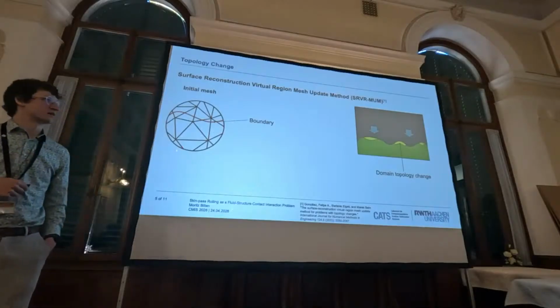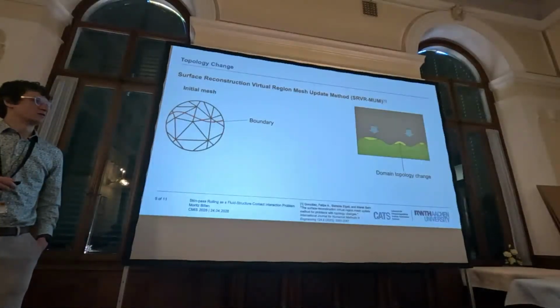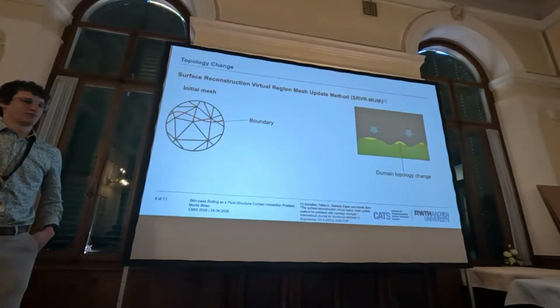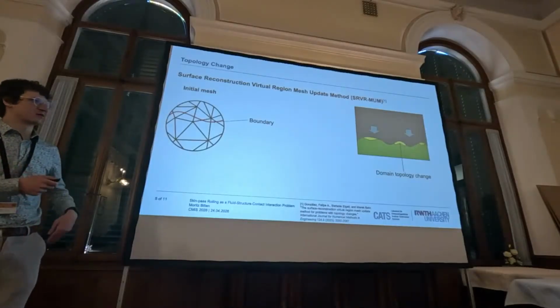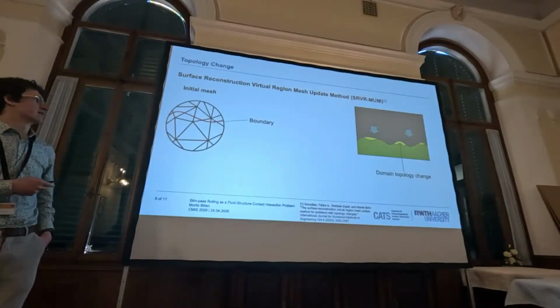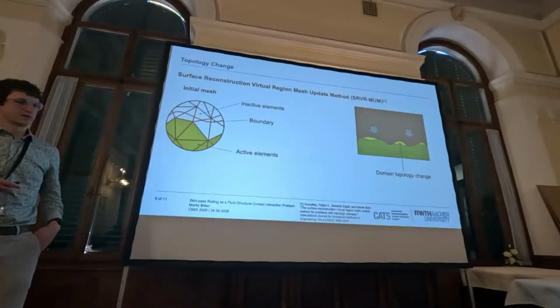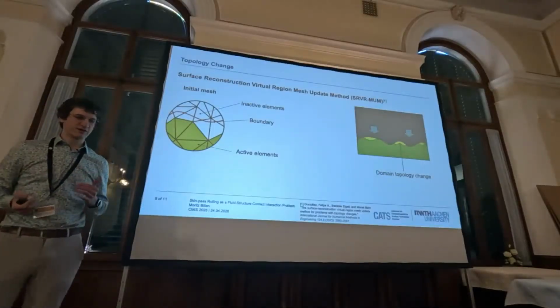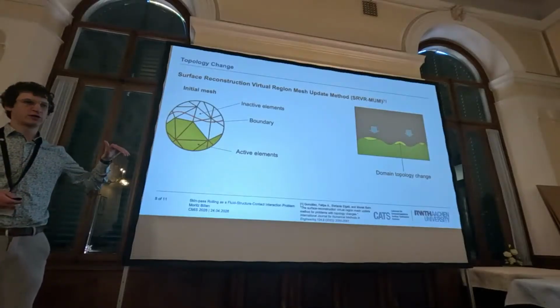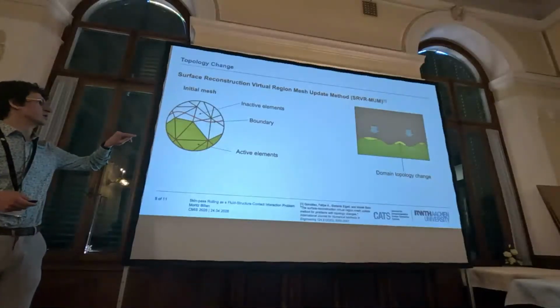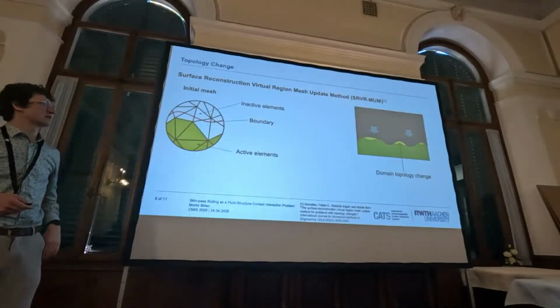that lives in the entire region where the contact interface or this roller interface might live, then we can deactivate and activate elements, and we do that based on the position of the boundary. So everything below the boundary is activated, and everything above is inactive.